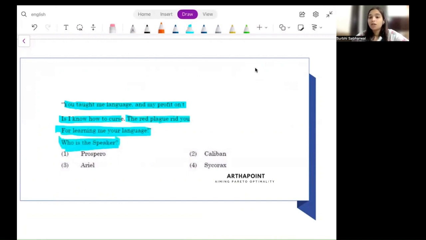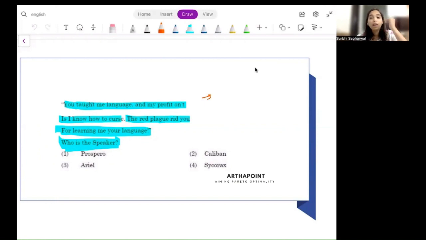Usually these questions are asked in the CUET examination to identify the speaker. In order to identify the speaker, we must know from where the excerpt is taken from, what is the title of the book, who is the speaker, what is the context it has been spoken in.